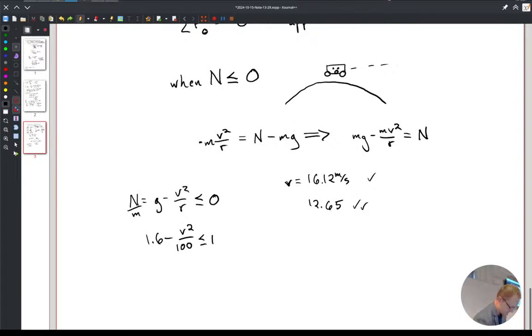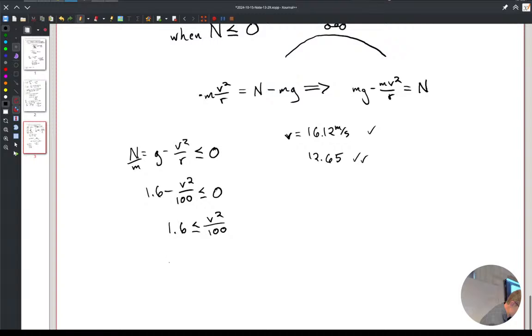So then add v squared to both sides. So if v squared is more than or equal to 160, then we're launching off of this hill.